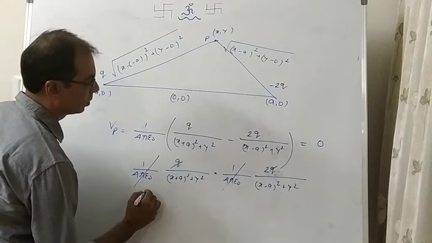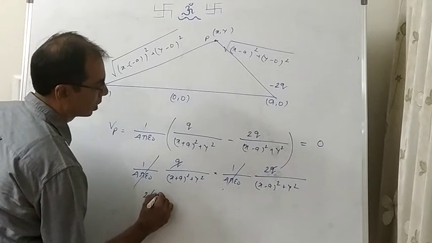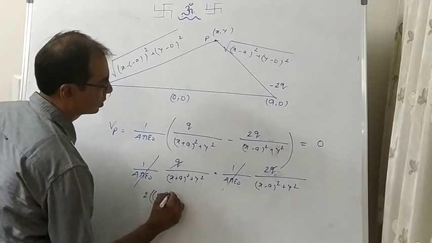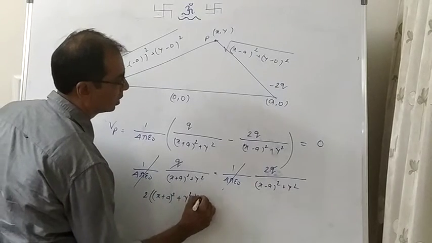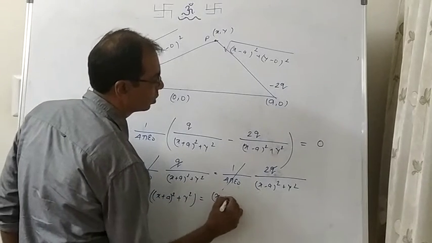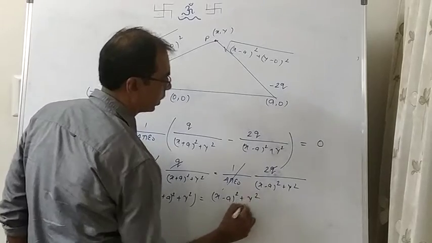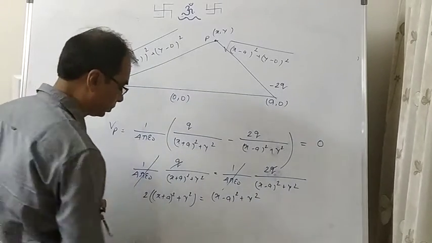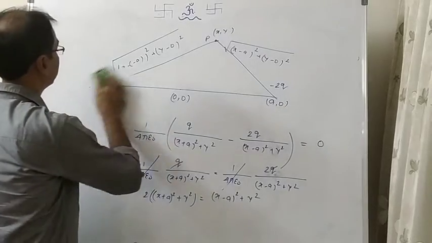So let's do the cross multiplication. It is 2 into x plus a whole square plus y square equal to x minus a whole square plus y square. Let's solve it further.